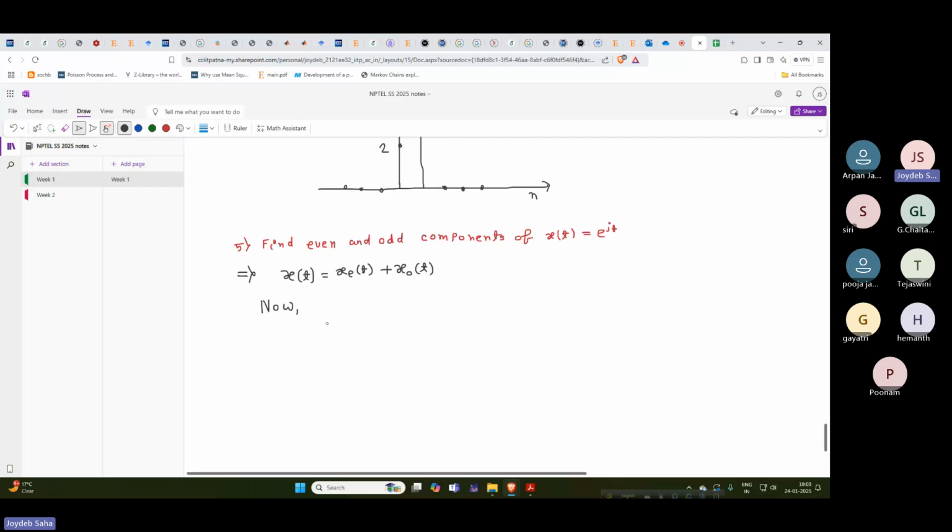Take 1 or 2 minutes and write in your notebook and then match the solution with my answer.